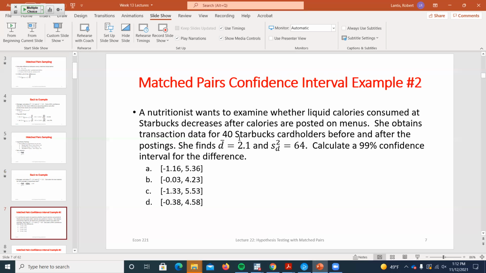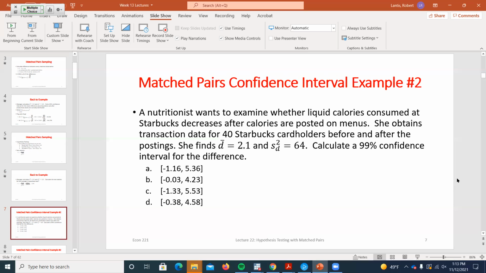You find the average change is 2.1. So there was no strong evidence that calories are changing a lot, but you did at least see that it looks like they actually went up, right? You find a sample difference of 64, and you want to build a 99% confidence interval. So for a 99% confidence interval, the alpha is 0.01. I want half of alpha on each side of my interval, so 0.005.